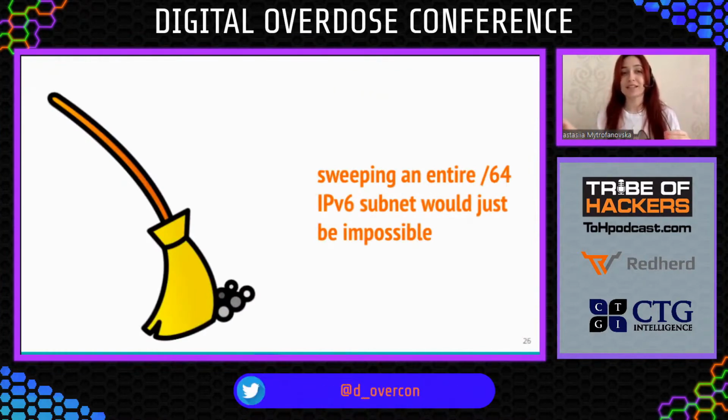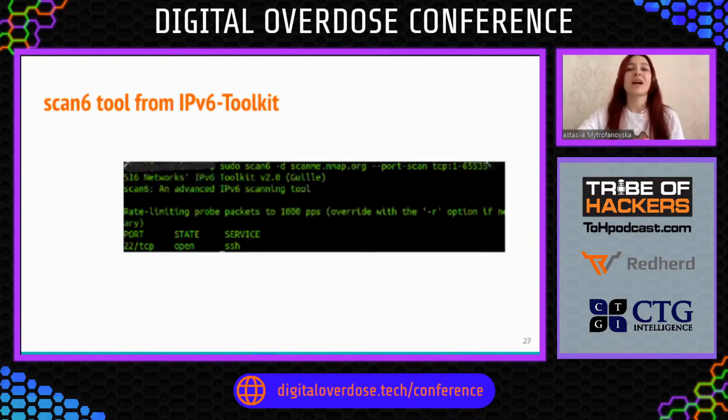However, the scale of the address scanning task is so large in IPv6 that attackers must be very creative to be good enough. And simply sweeping an entire /64 subnet in IPv6 would just be impossible.